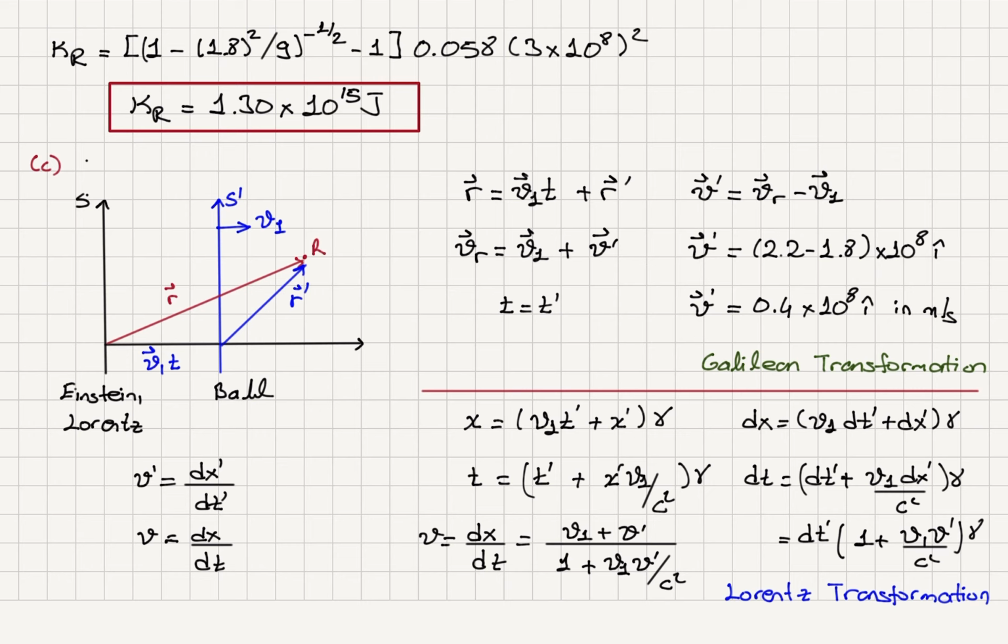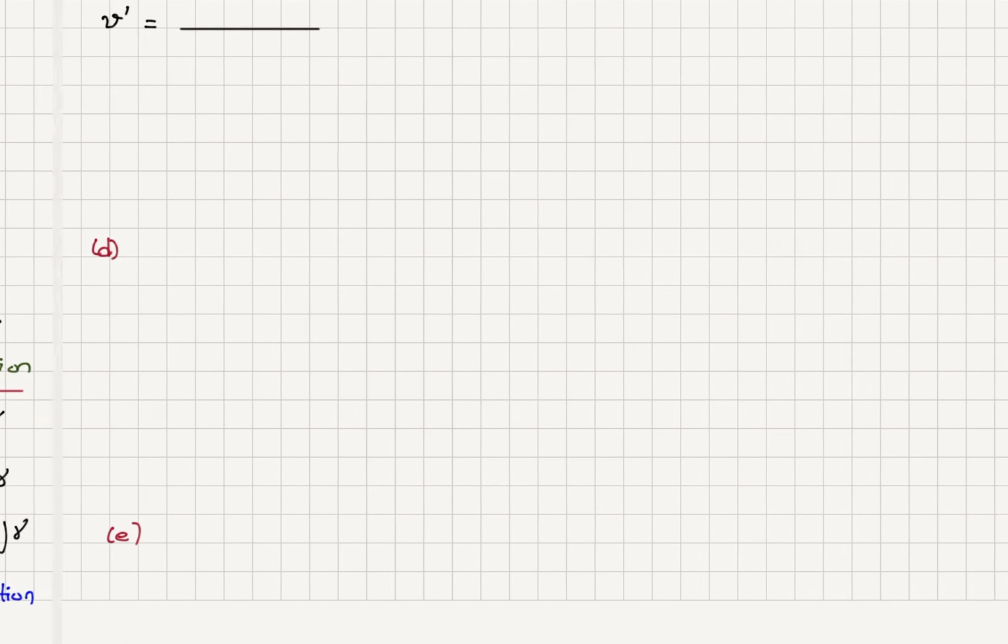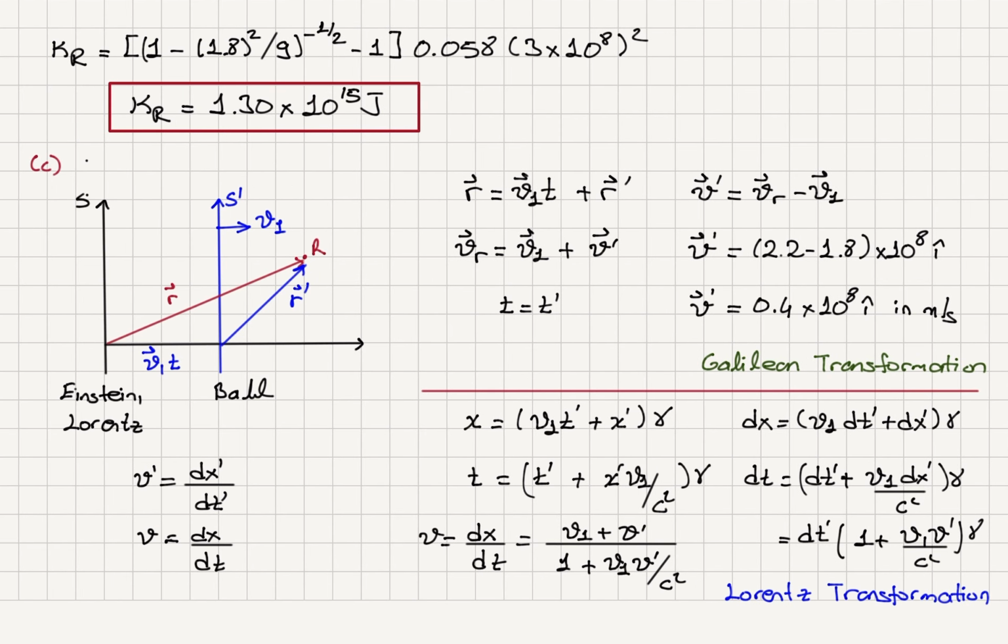V prime is the velocity measured by the S prime reference frame, and v1 is the speed of the ball. Okay, so if I take v prime to the left hand side, this is going to become v, which is the speed measured by the S reference frame, and the speed of the rabbit measured by the S reference frame was 2.2 times 10 to 8 meters per second.